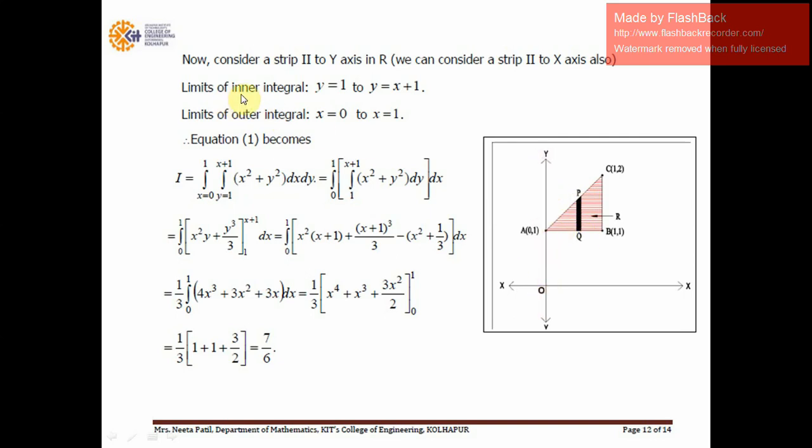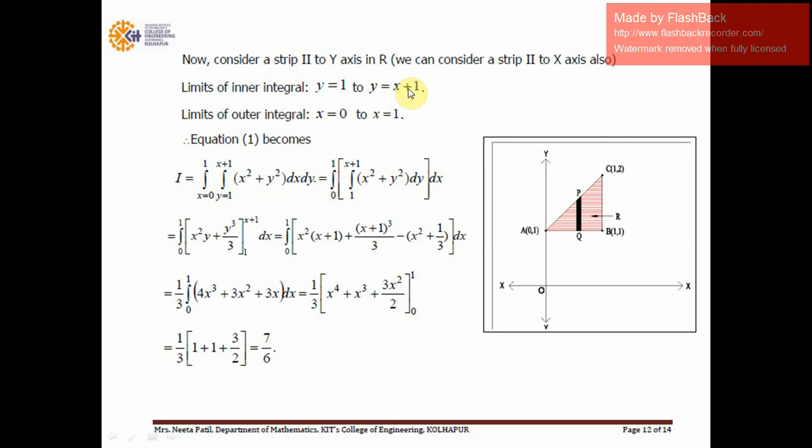To get the limit of inner integral, consider the equation of the curve at both ends of the strip. The lower end of the strip is on the line AB, whose equation is y is equal to 1, and the upper end of the strip is on the line AC, whose equation is x plus 1 is equal to y. So y is equal to x plus 1.